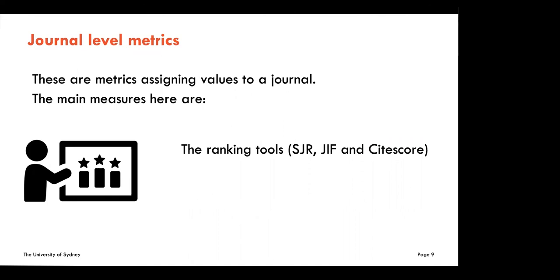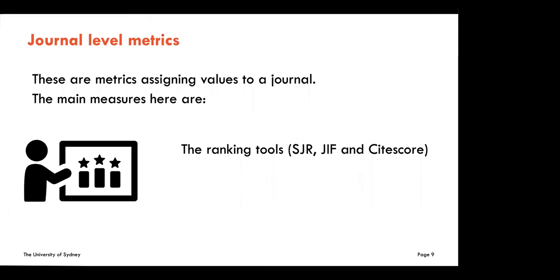Scimago is an index based on the prestige of a journal. It's an attempt to recognize that journals and subject areas have lower citation rates than other subject areas. And it tries to assign a score based on a complex algorithm that they have in the back end.